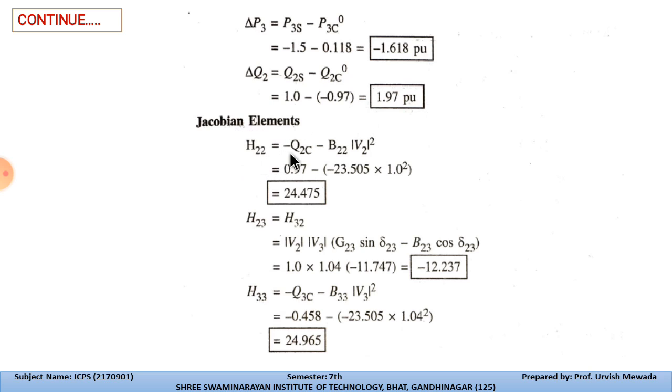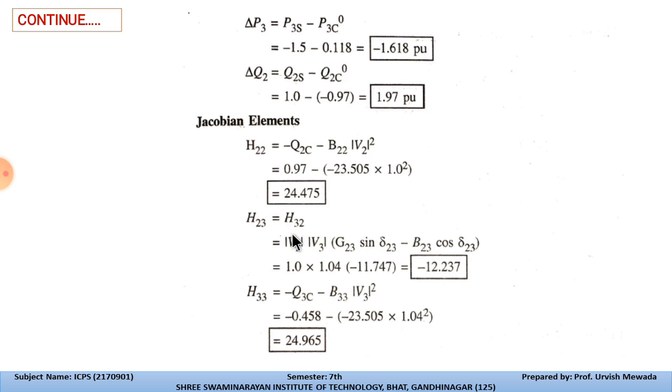So h22 is the equation that we already derived in the NR method, that is minus q2c minus b22 and v2 square. So for this parameter, q2 is 0.97 minus into bracket minus 23.505 into 10 raised to 2. So h22 will become 24.475, and h23 is equal to h32.